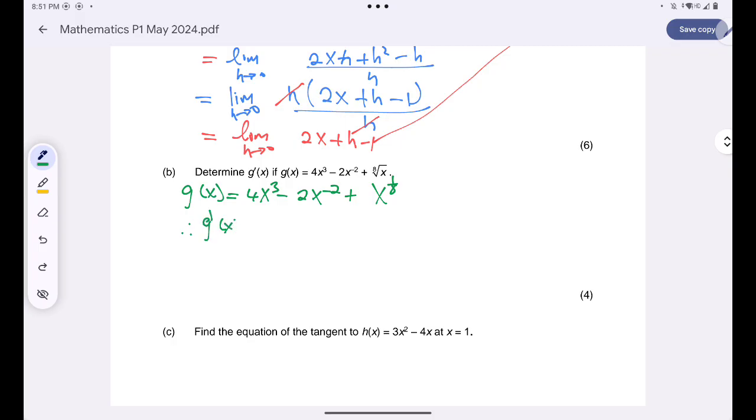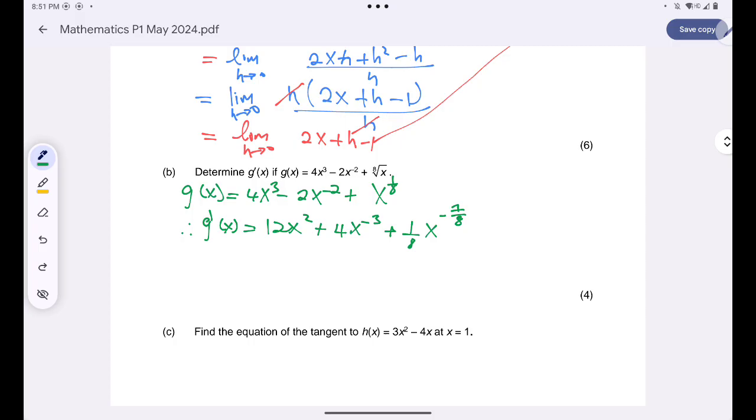So g prime of x will give me 12x squared plus 4x to the power negative 3 plus 1 over 8x to the power negative 7 over 8. I have determined my derivative.